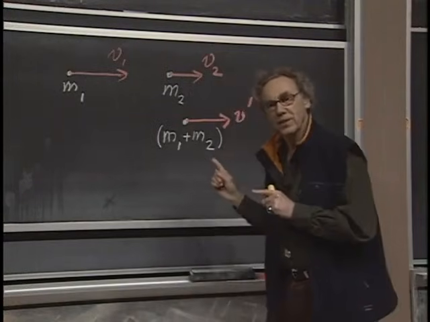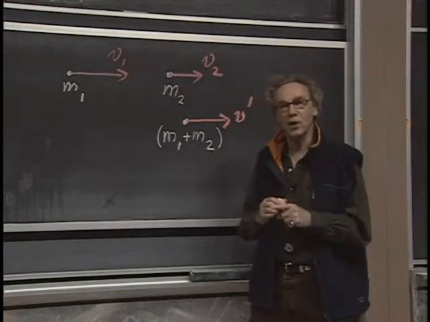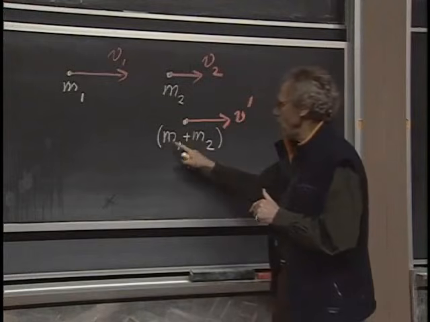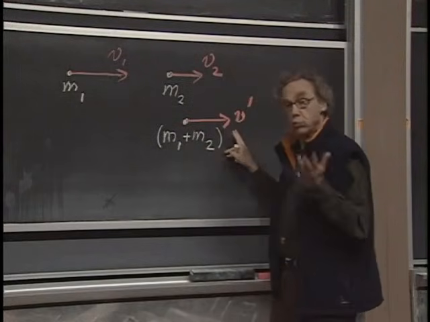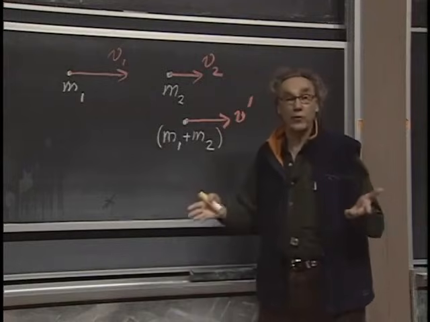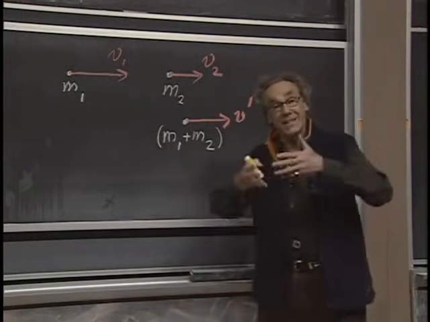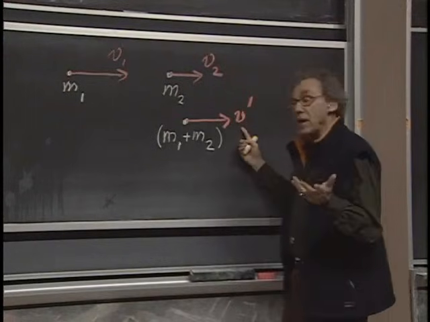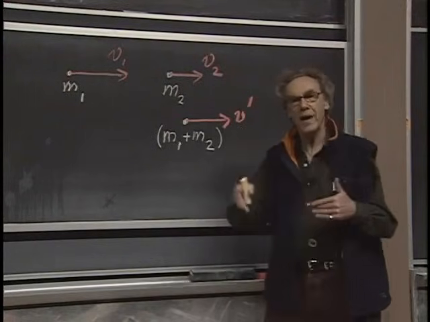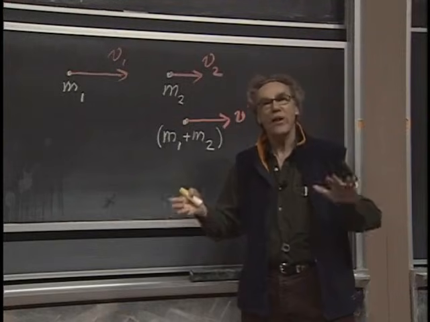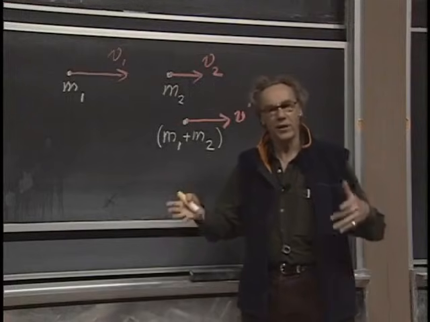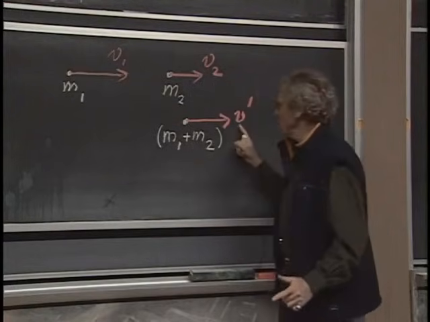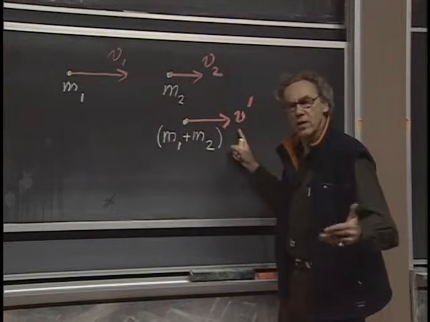In this case, we're dealing with an inelastic collision. So m1 and m2 are stuck together. They are merged. So it is sufficient to just call it v prime. You could have called it v1 prime because v1 prime is the same as v2 prime, which is the same as v prime. And during the next 4 minutes, you will see that a few times I call it v1 prime. I wish I really hadn't. It would be better if I had just used v prime. That is unique and sufficient.